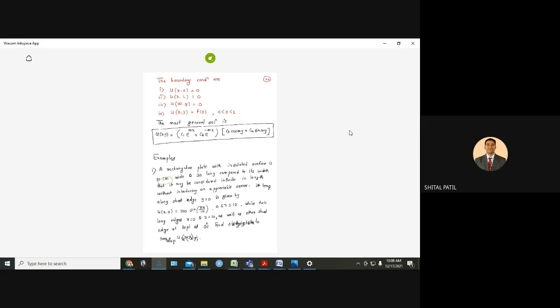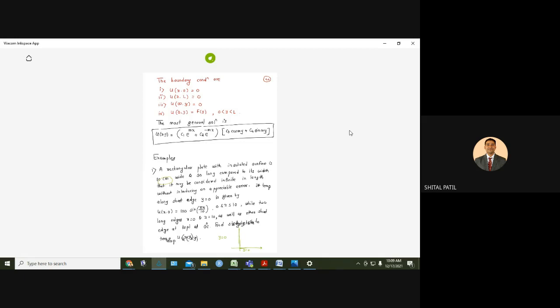Okay. We cannot find any conclusion from here. The temperature along the short edge, that is f of y, x. y equal to 0 is the short edge. So y equal to 0 means x-axis. Here we have y equal to 0, so this is the short edge. If this is short, which will be long?